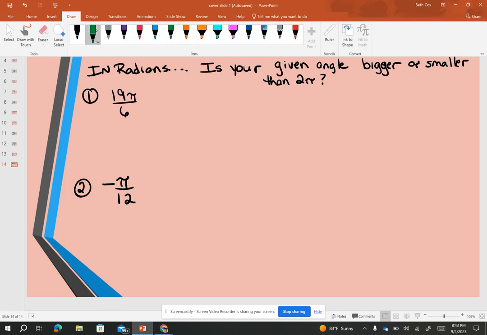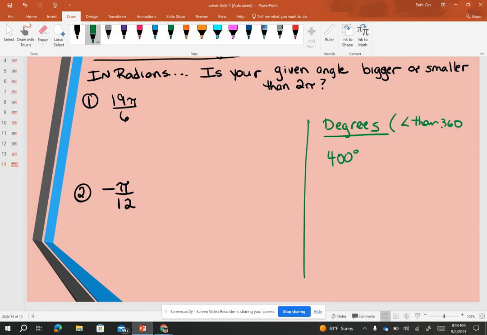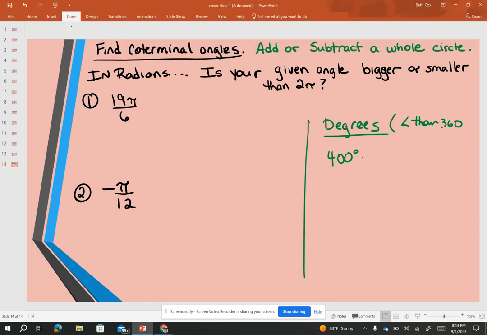If I was going to do degrees and I wanted a coterminal angle that was less than 360, and my angle was 400 degrees, would I add or subtract a whole circle? Well, obviously, I know that's more than 360, so I would subtract 360.